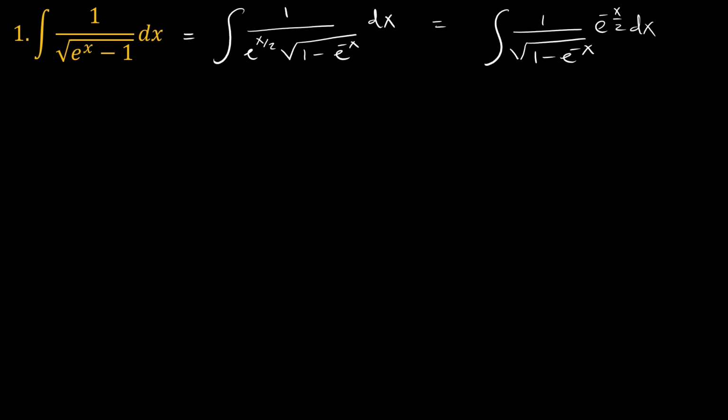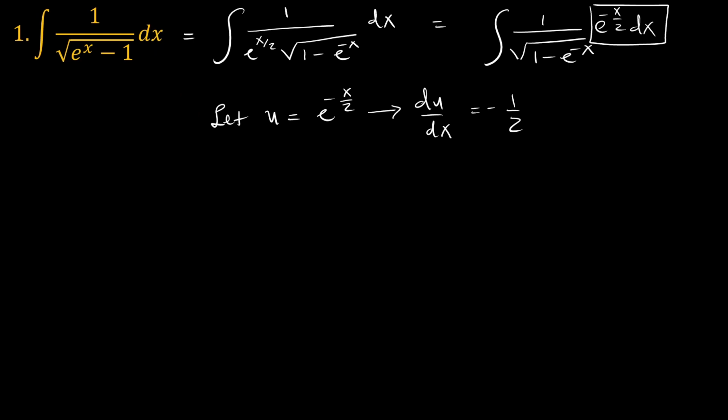So the next thing we're going to do is substitute for this part here. We're going to say let u be equal to e to the power negative x over 2, such that du dx is equal to negative a half e to the power negative x over 2, and that means that negative 2 du can be used to substitute for e to the x over 2 dx.